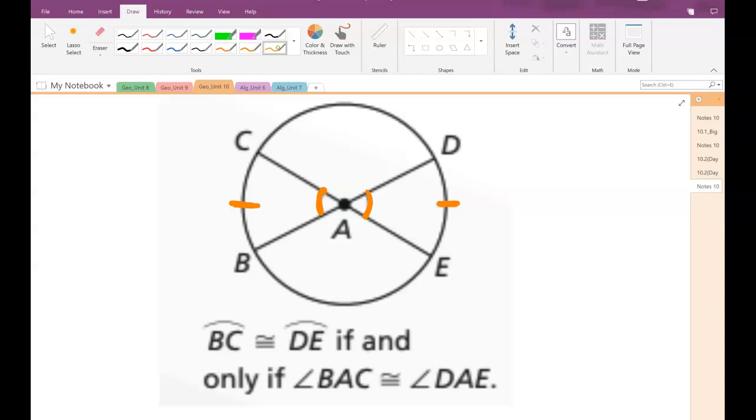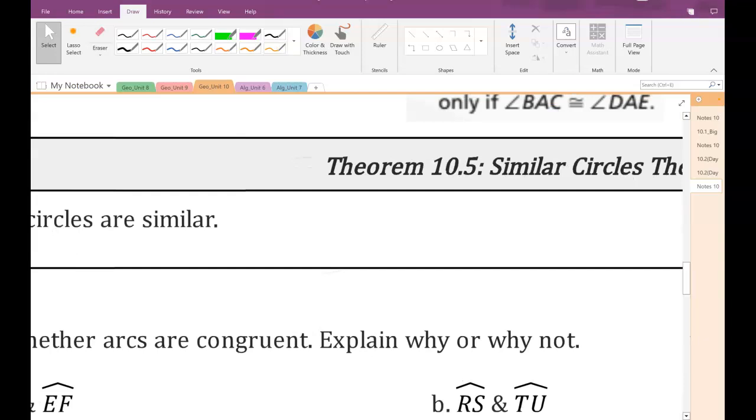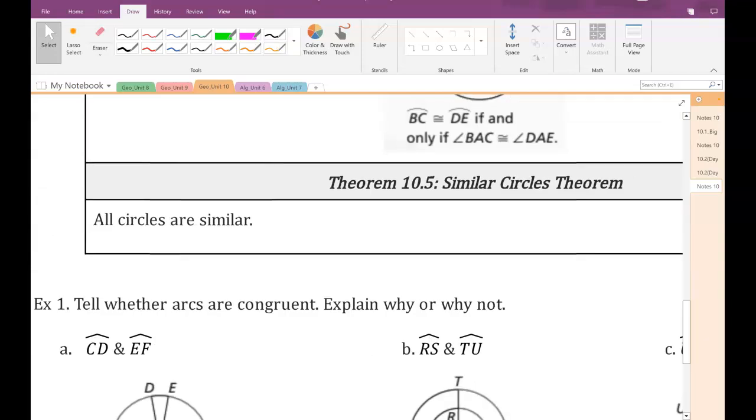And then the last theorem I just put on there because I think it's funny that it's so short, and they actually take time to say, hey, this is a theorem you should remember. It's just: all circles are similar. Think about similar triangles, where we had a triangle and we expanded it or shrunk it. Same thing with the circle.